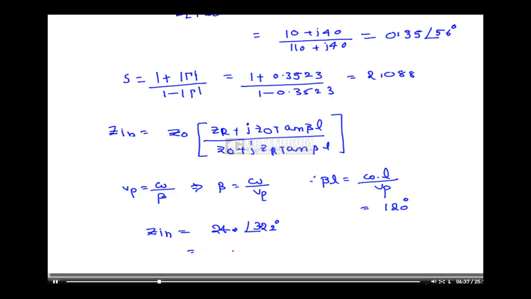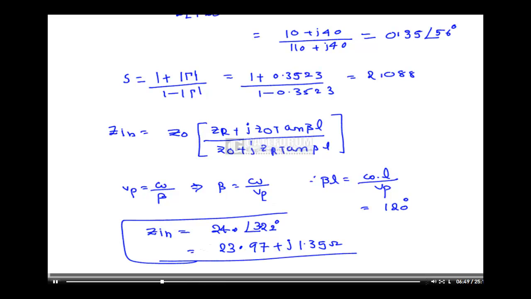If you want to convert into a complex value, 23.97 plus j1.35 ohm. So just calculate the thing and verify your answer.